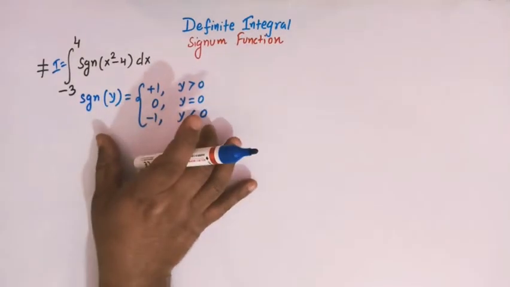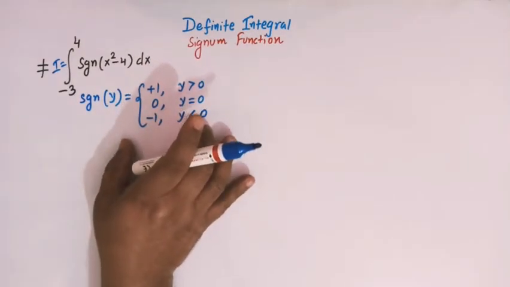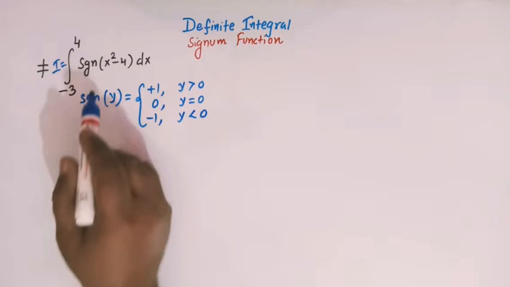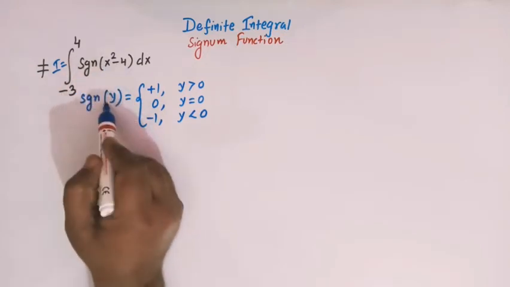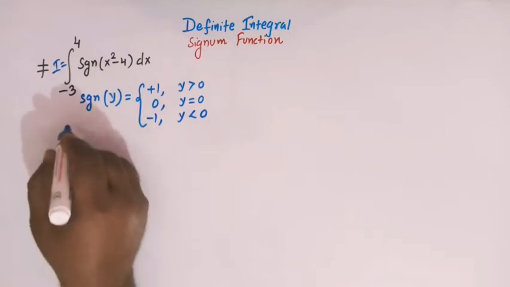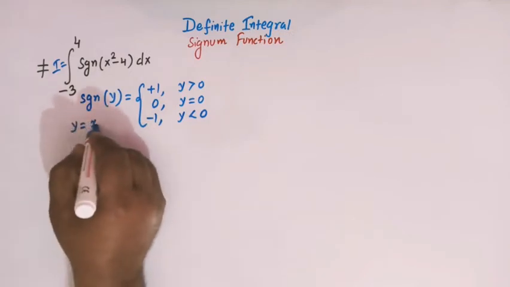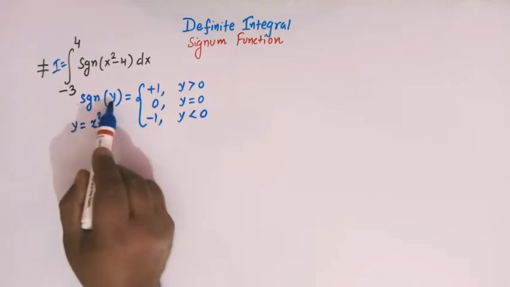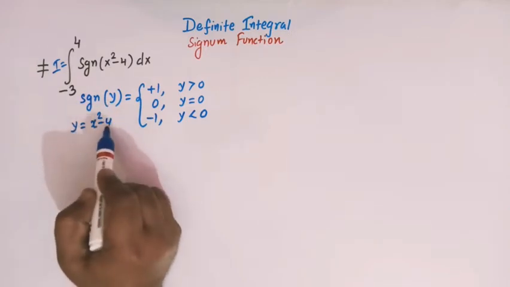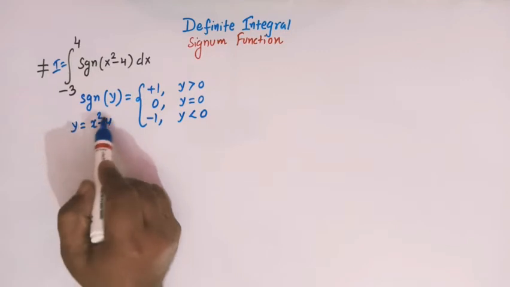This is the basic definition of the signum function, and if we compare the two expressions, we see that y can be taken as x square minus 4, which is a quadratic polynomial.